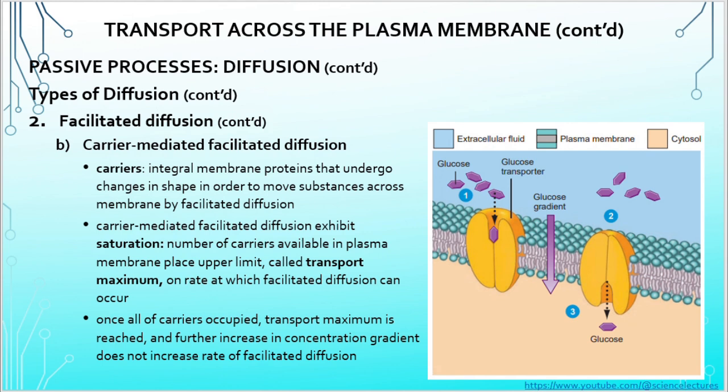Thus, the effect of insulin is to elevate the transport maximum, facilitating the diffusion of glucose into cells. With more glucose transporters available, body cells can pick up glucose from the blood more rapidly. An inability to produce or utilize insulin is a medical condition called diabetes mellitus.